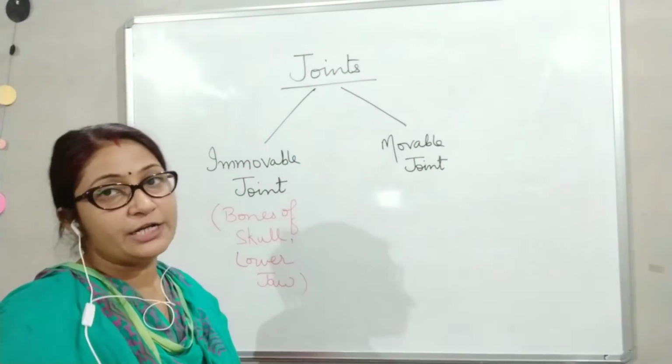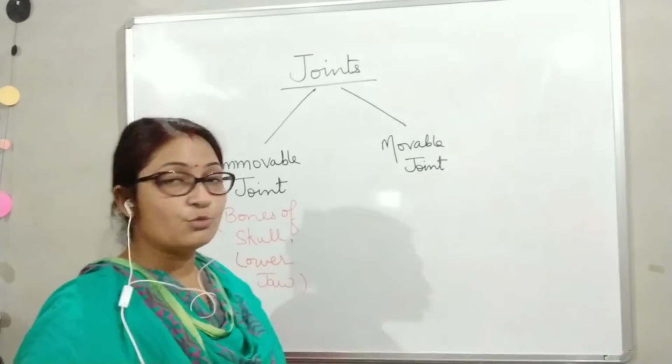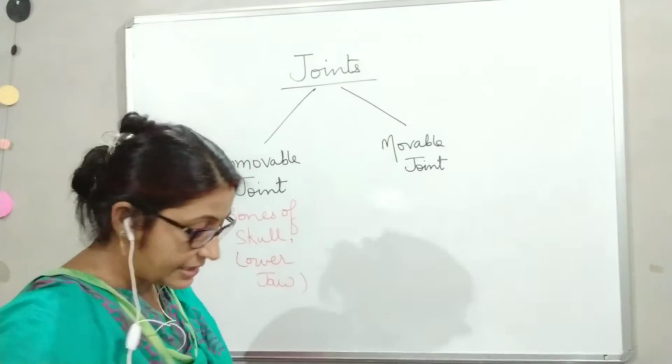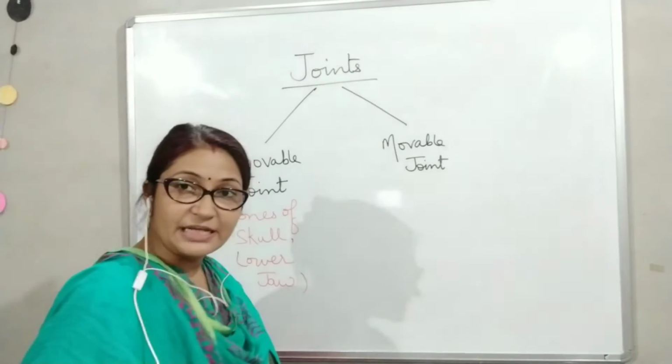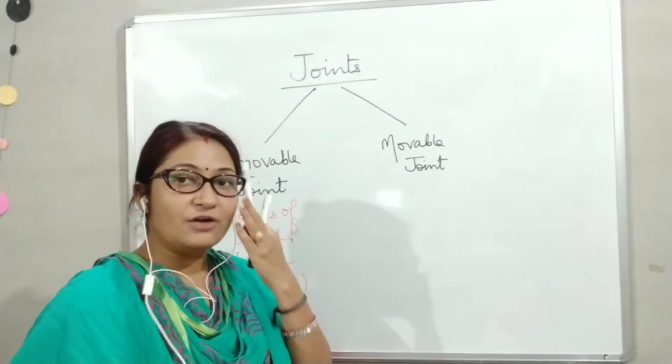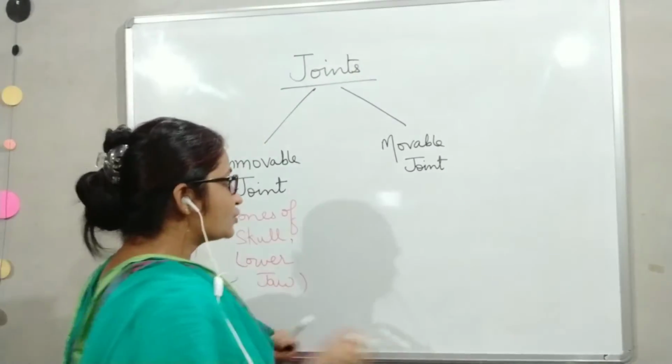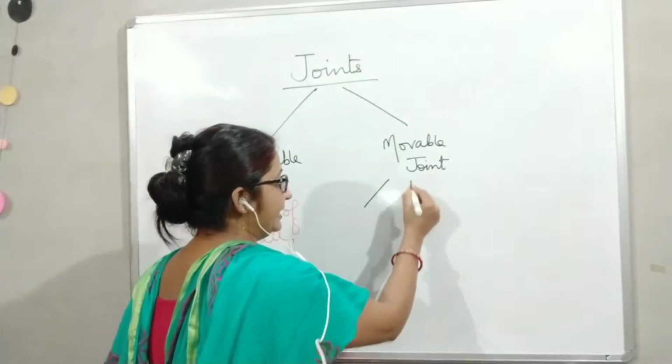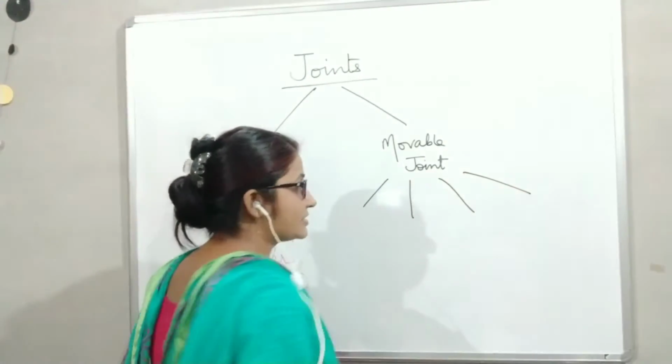These joints we cannot move. But movable joints, as the name suggests, one can move. These are again divided into four parts.